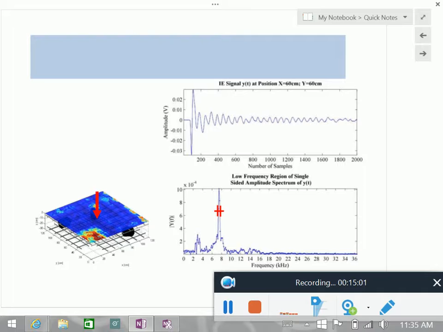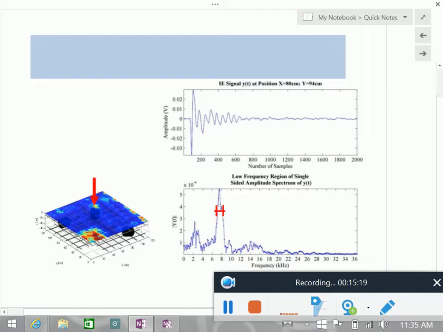However, if you look at the half bandwidth, the Q factor, we saw that if you are not at the location where you expect a honeycomb, the peak happens at the same location, but it has a completely different width.